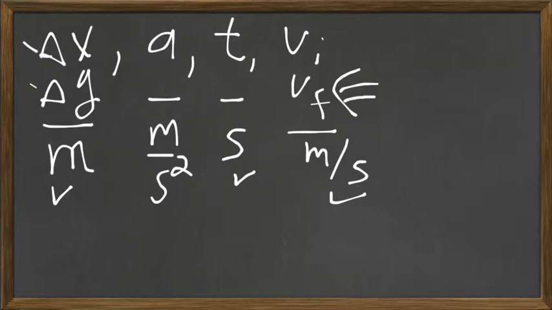So if we take a look at a sample problem, and this is number 24 in the chapter review of your book. A sailboat starts from rest. Now remember, from rest is code for initial velocity is 0 meter per second. Comes to a stop, final velocity is 0 meters per second.